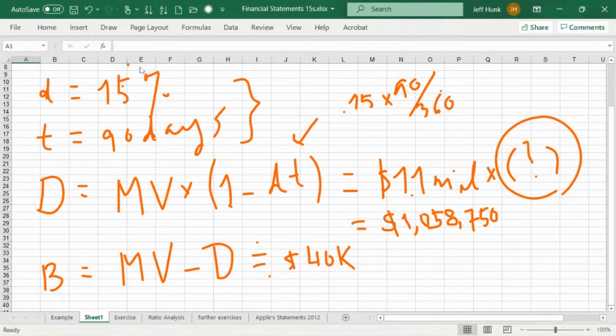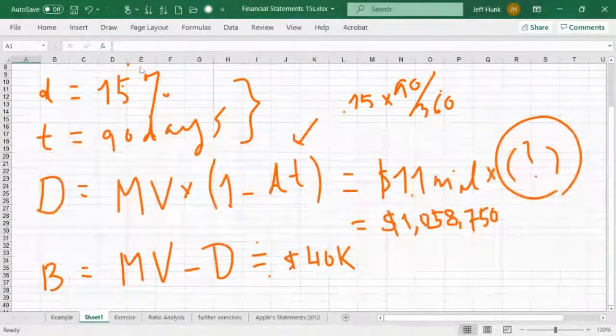And of course, the answer is it is relevant, because in discounting accounts receivable, in factoring accounts receivable, invoices are what is being discounted, and that's why it is called factoring. Okay.